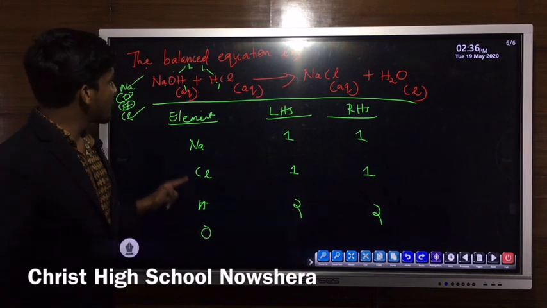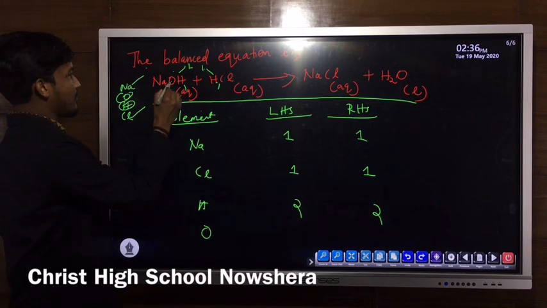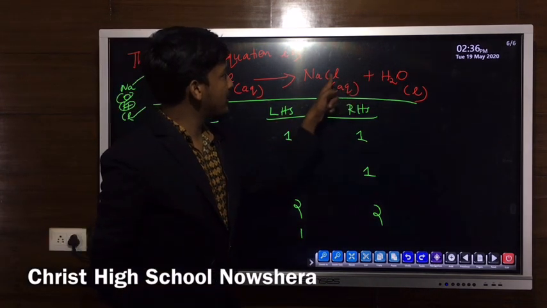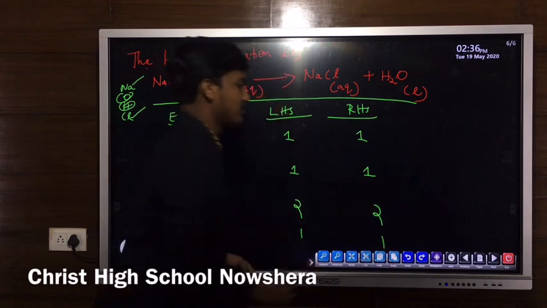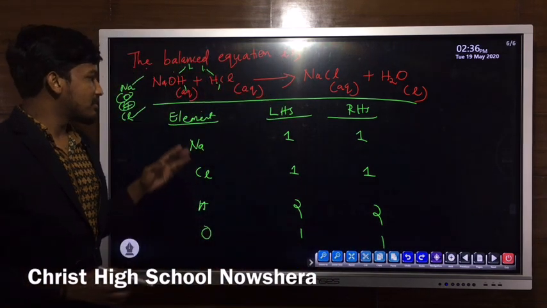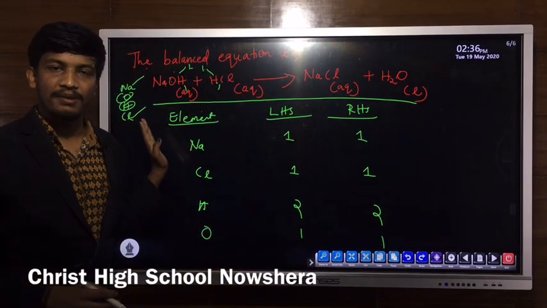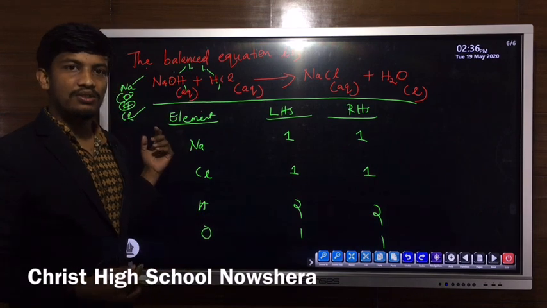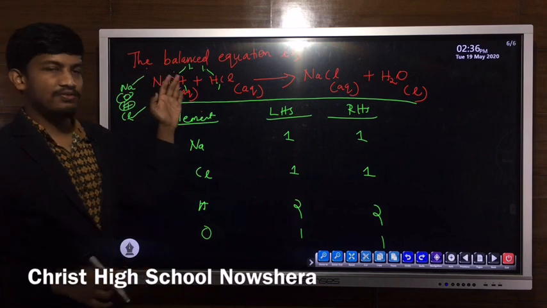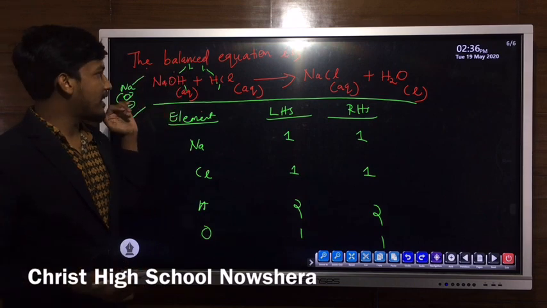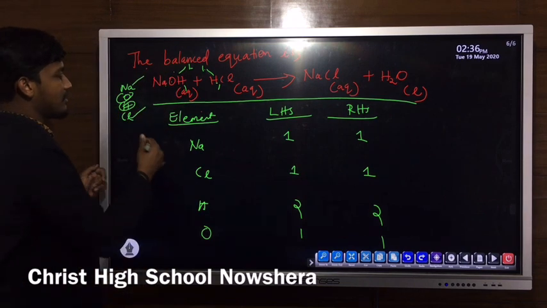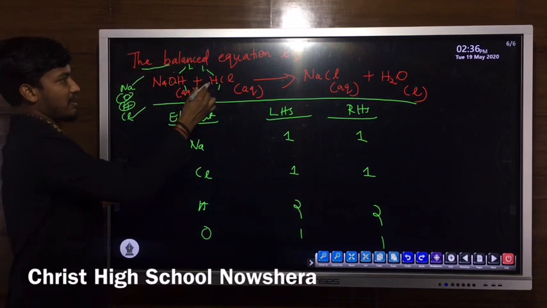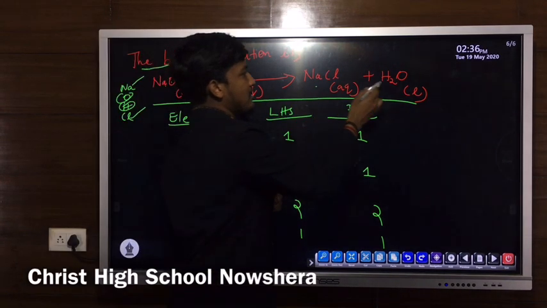Oxygen. Oxygen is in the first one, O1, and here O1. In this case, this equation is already balanced. There is an equal number of atoms. So this balanced equation will be the same as the unbalanced equation. Therefore, the balanced equation is NaOH plus HCl gives NaCl plus H2O.